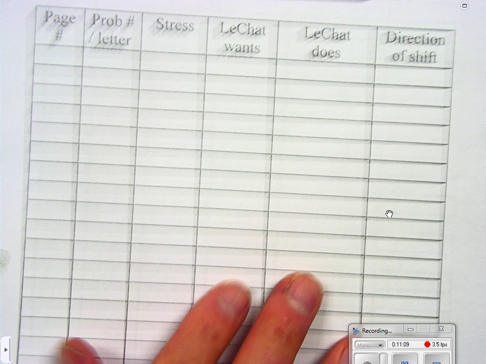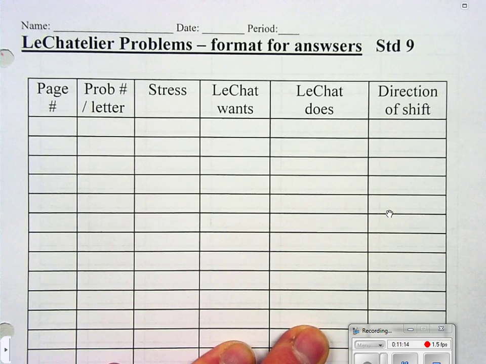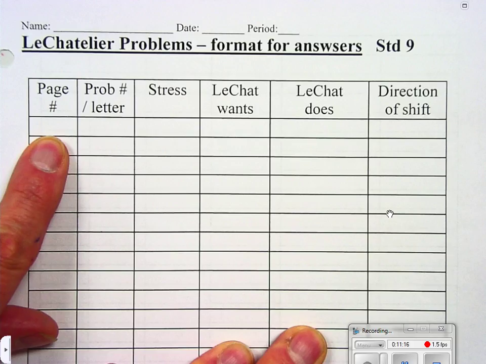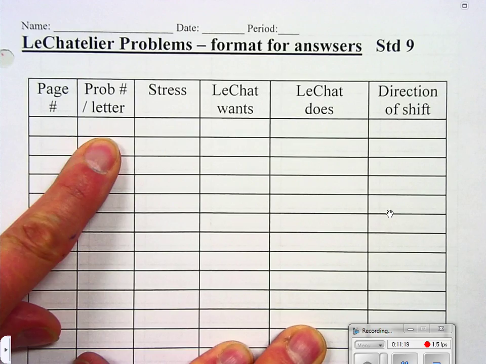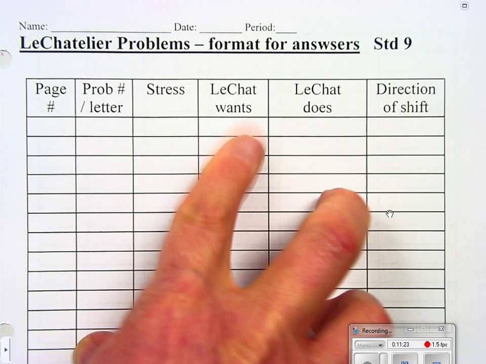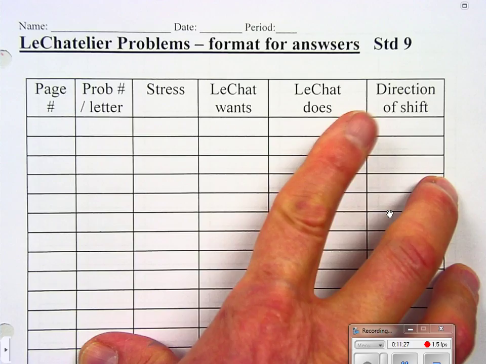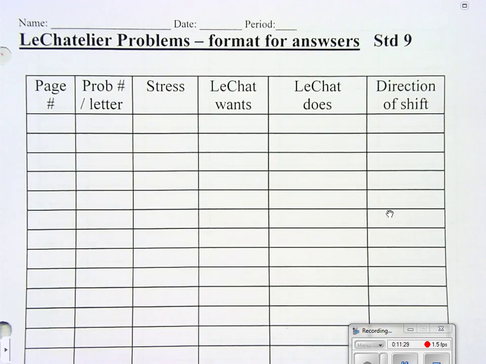Okay. And you're going to put your name, date, and period at the top, and then you're going to put the page number for the problems that you're working on and the problem letter, and then we'll talk about stress, what Le Chatelier wants, and what he is going to wind up doing to achieve that goal.